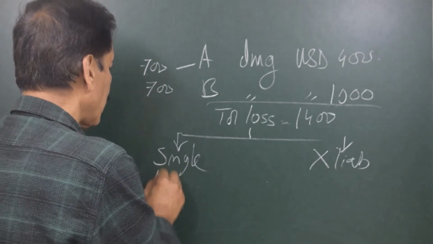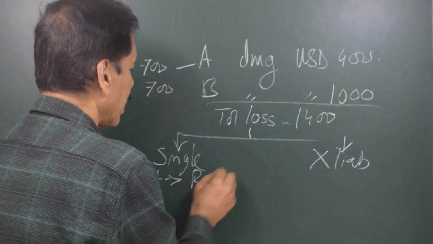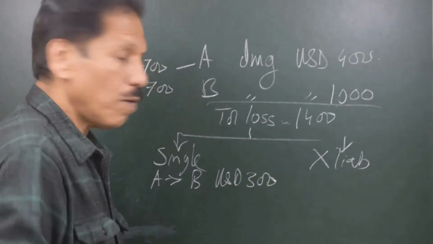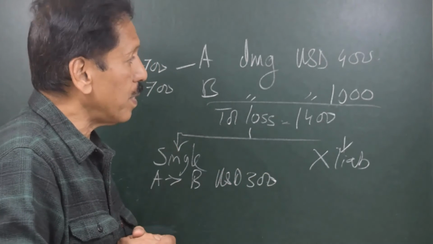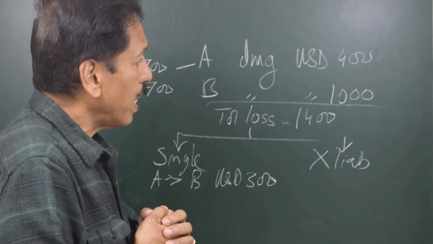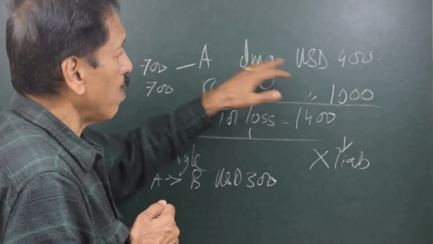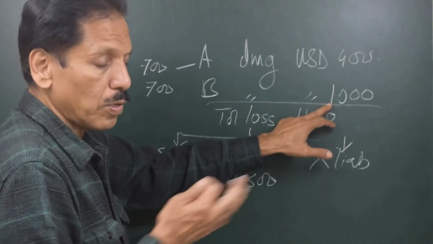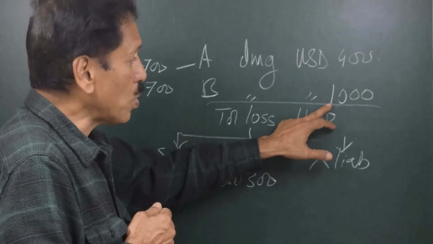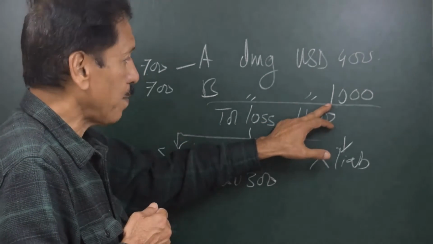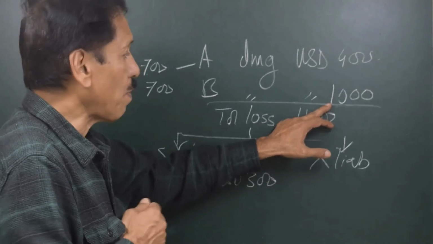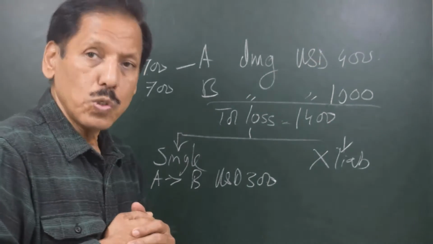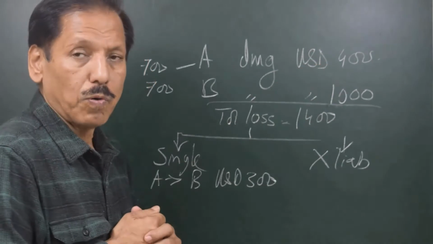A pays B USD 300. Another way of looking at it: A must pay 500 to B, that is 50% of B's damage, because the blame is 50-50, and B is supposed to pay A 200, half of the 400.